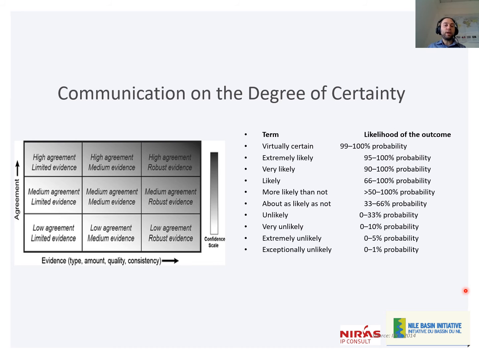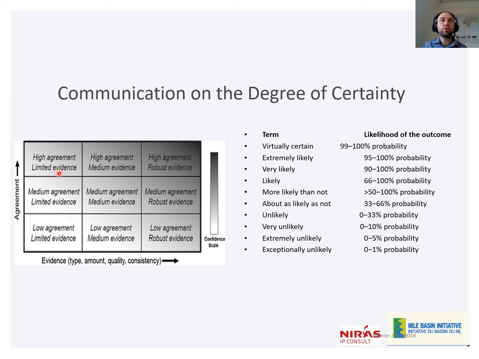And in order to be able to communicate about certainty, the IPCC has developed this simple framework over here, where they ask scientists or communicators to, on the one hand, analyze the agreement. So if I have a set of information, do all these data sets show, for instance, that temperatures are rising or dropping?